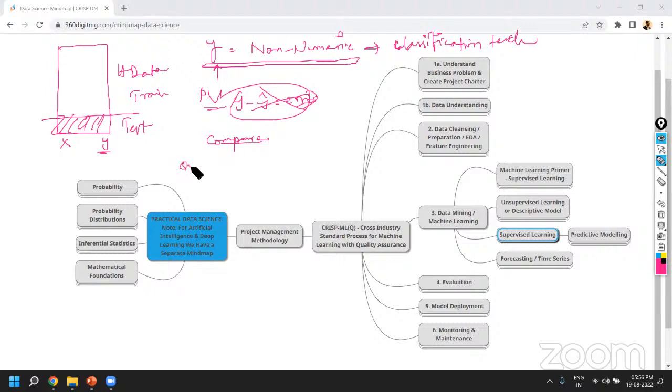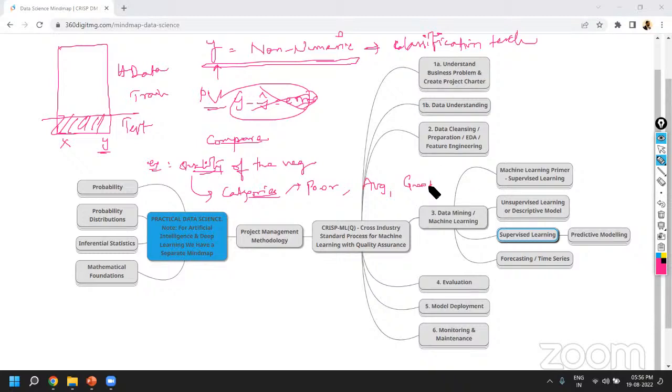Assume I'm trying to talk about quality. Okay, assume this is an example: quality of the vegetable. When you talk about non-numeric, there are categories. The quality can be categorized as poor, average, or good.